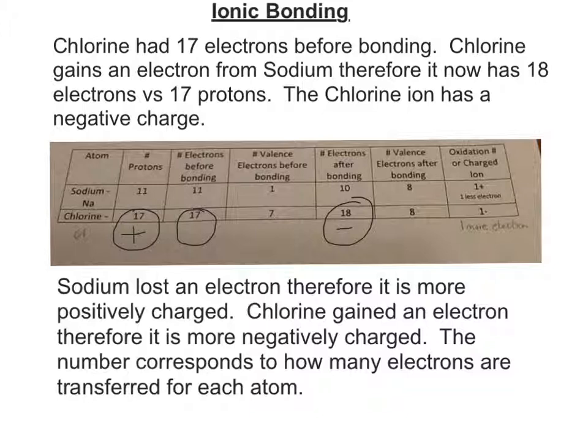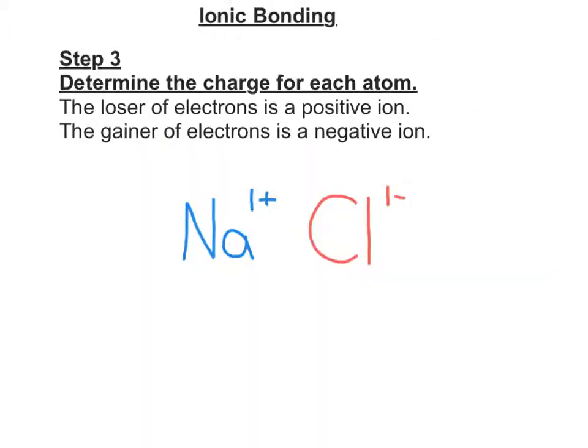And the chlorine ion has a negative charge. We have 1 more electron. So -1, or 1 minus. Sodium lost an electron, therefore it is more positively charged. Chlorine gained an electron, therefore it is more negatively charged. And remember, the number corresponds to how many electrons are transferred for each atom.